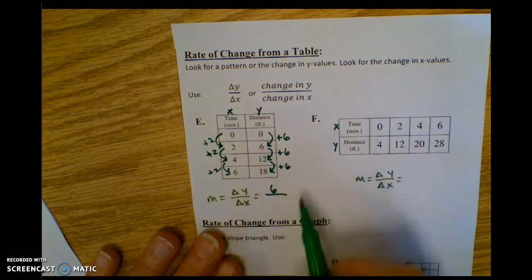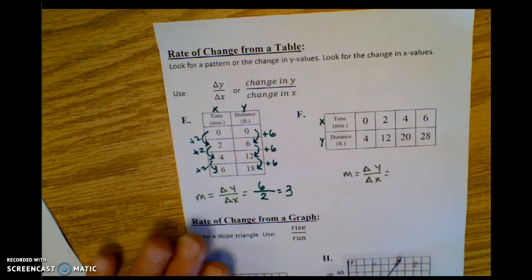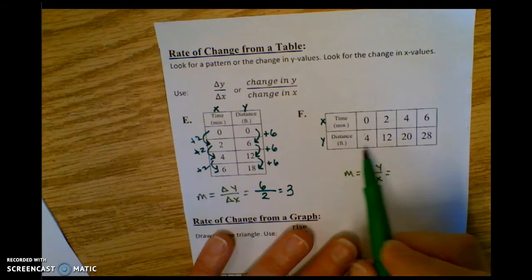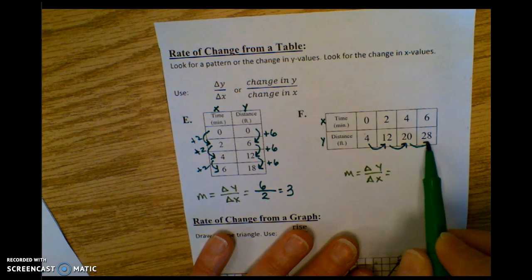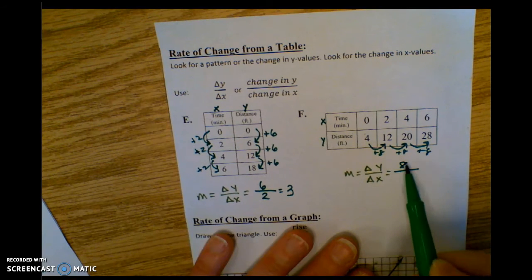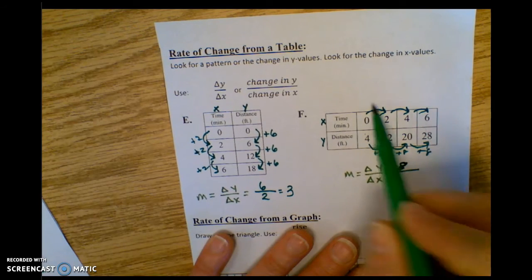To reduce that fraction, 6 divided by 2 is a slope of 3. For this table, it's just horizontal, so we have to make sure we're comparing our y values. It looks like our y values go up by 8 each time, and it's consistent. And our x values go up by 2 again each time.